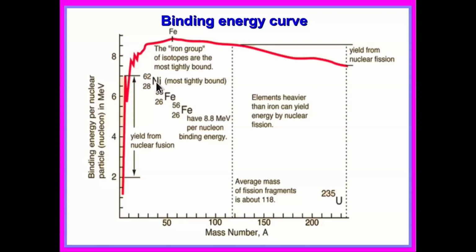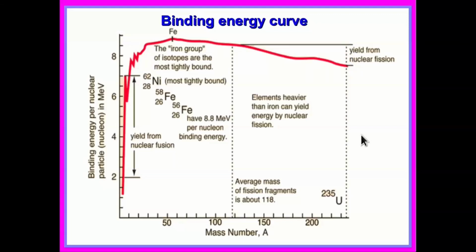This tells you that the nuclei in the iron group are most tightly bound. In fact, nickel-62 is the most tightly bound nucleus, followed by iron-56. Both have about 8.8 MeV per nucleon binding energy. So this figure illustrates that if we combine two light nuclei to form a heavier nucleus, then energy will be released. Similarly, if we fission a heavy nucleus into two average mass nuclei, the fission fragments, then also a certain amount of energy will be released.